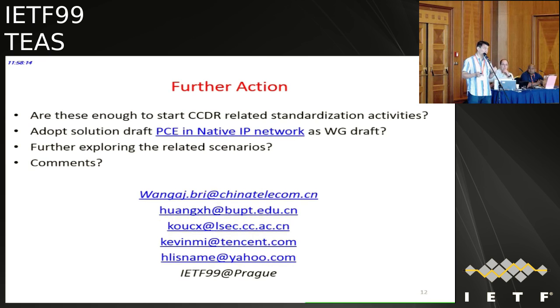So for further action, we hope to move this work forward and define some standard way to do PCE in native IP network. And we request PCE in native IP network as a working group draft. And also we welcome more comments, suggestions, and more scenarios.